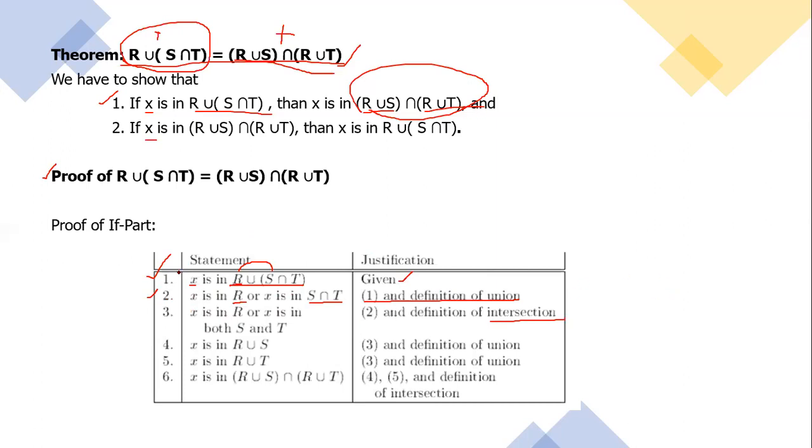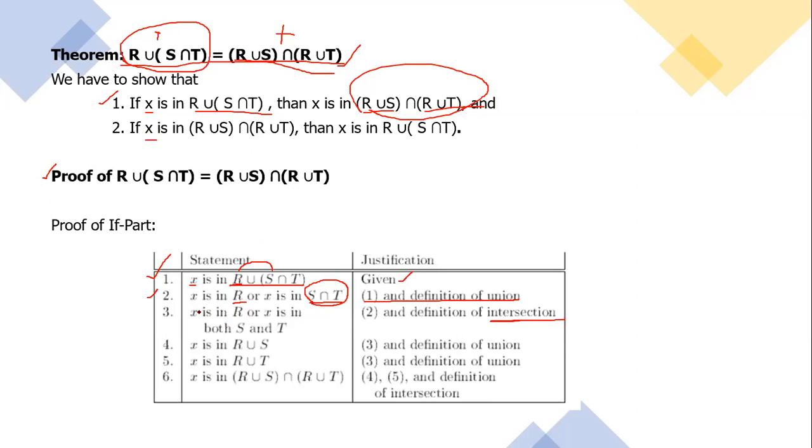So based on the second point and the definition of intersection, I can say X is in both. It is an intersection, right? So what elements are present in both the sets? Then only I can mention the particular elements in the intersection.